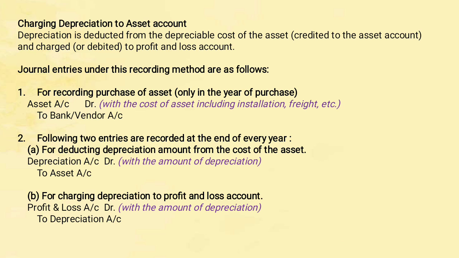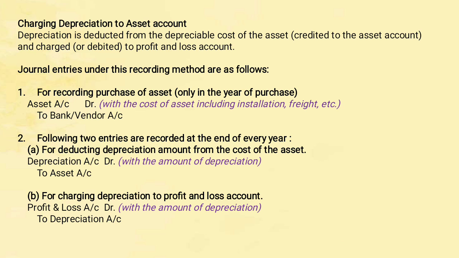Then next we have a very important thing. Whatever depreciation amount we charge at the end of the financial year, at the last date of the financial year, that depreciation amount we need to transfer into the profit and loss account.